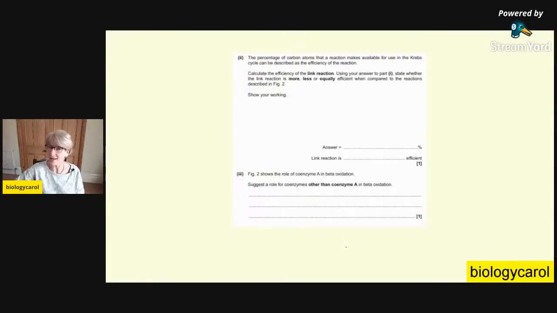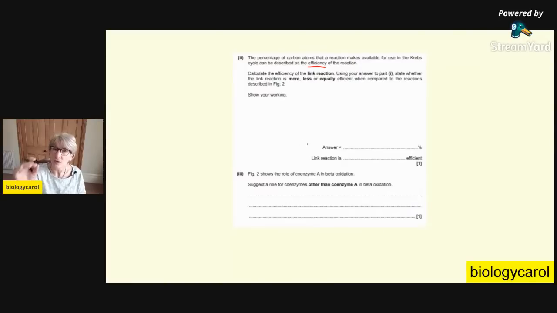And now we go on to the next calculation. The percentage of carbon atoms that a reaction makes available for use in the Krebs cycle is described as the efficiency of the reaction. Calculate the efficiency of the link reaction and use your answer to say whether it is more or less efficient than the reaction with all the fatty acids.